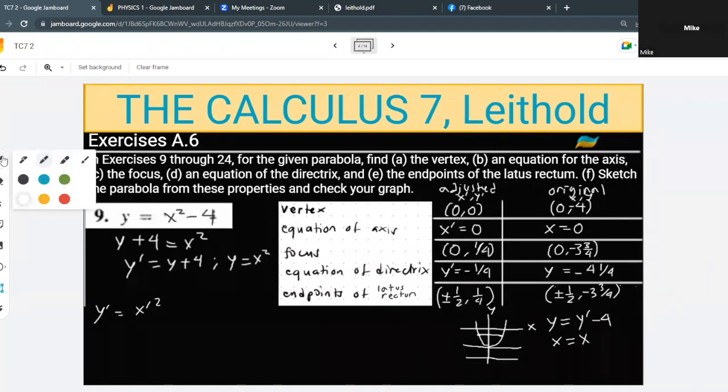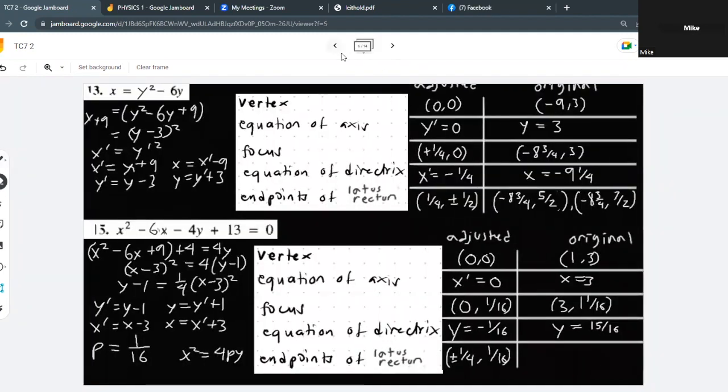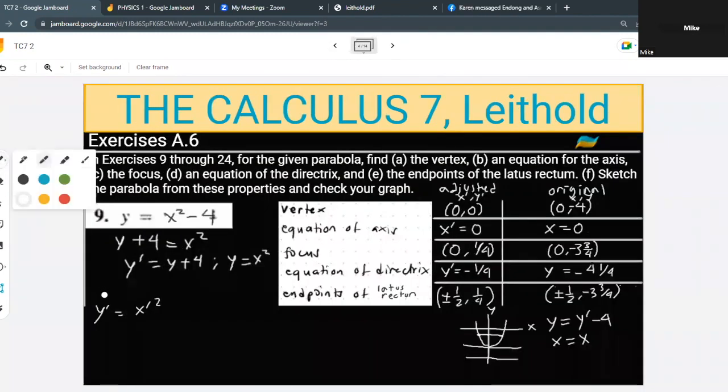Hindi, tingin ko okay lang yan kasi yung 4p is 1 eh. For this one. Okay naman. Before you move, isulat mo every time yung standard equation.